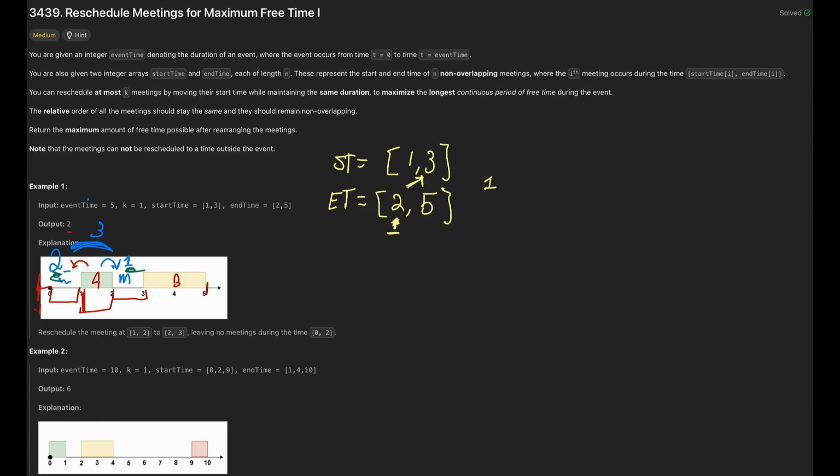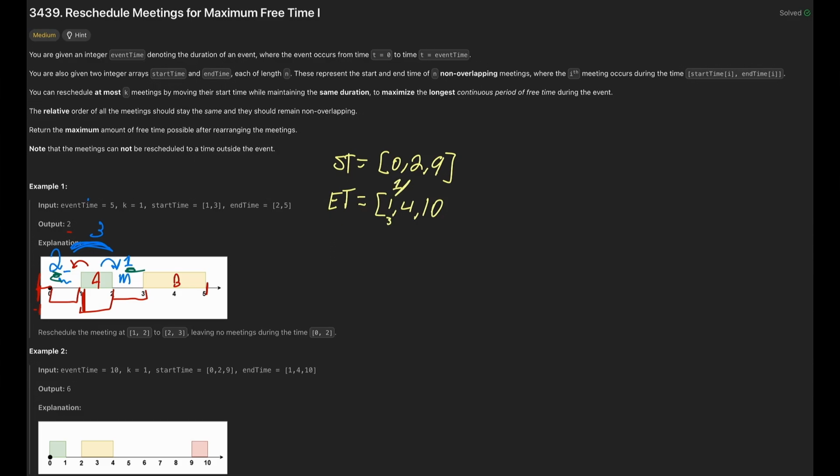And this would continue. So if we look at example 2, they have 0 to 9 as start time and end time as 1, 4, and 10. So the 0th meeting is an interesting case that we'll get to in a second. But jumping ahead, end time is 1, start time is 2.